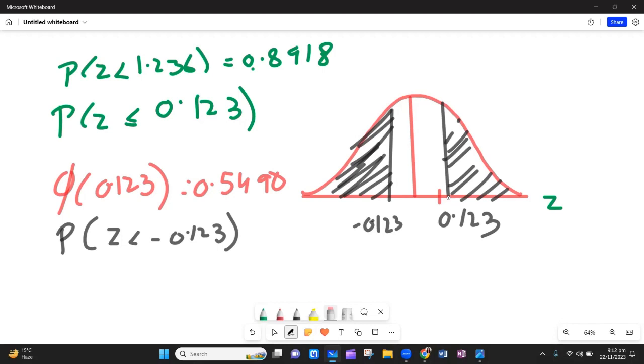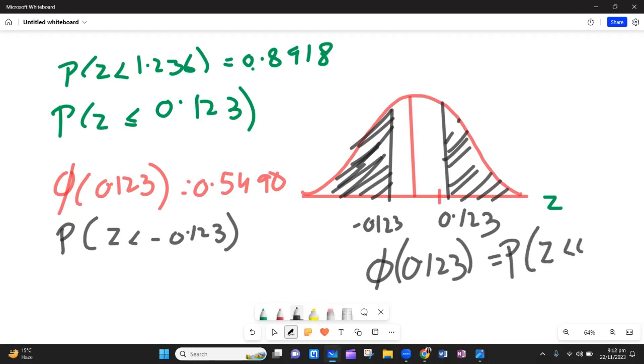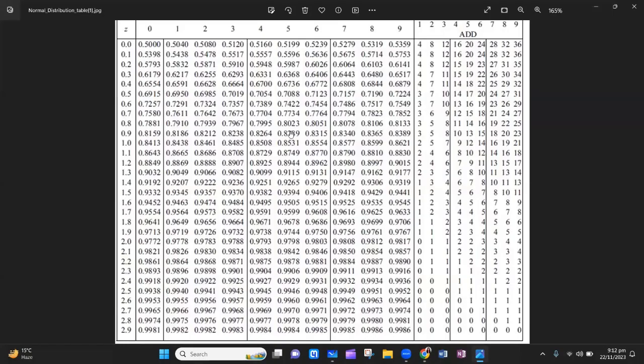Now you can't directly read phi of 0.123 from the graph because that is equal to the probability the random variable Z is less than 0.123. But here I have marked the side where the random variable Z is greater than 0.123. So again, the chart only reads less than values, not greater than values.